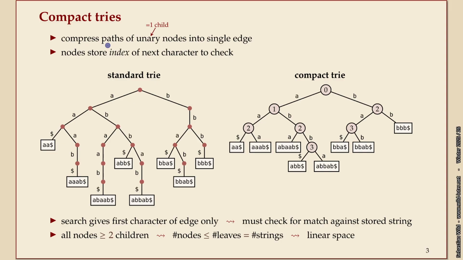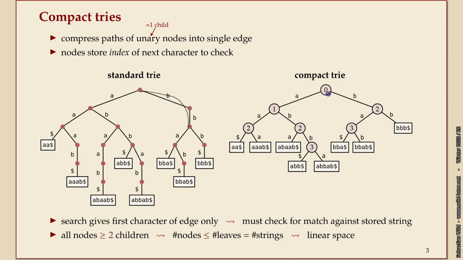We can get rid of all these unary nodes by just short-circuiting the edge. Instead of going to this intermediate child, we directly go to the next node. But that means I'm now forgetting that there are several characters here. So I have to do something about that. And what I do is that in each node, I'm storing the index in the string that I'm accessing at this point, and the edges have labels that correspond to that character.